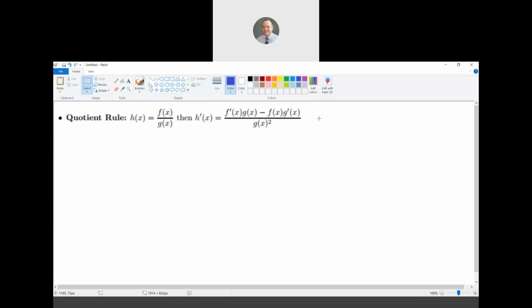And this part is new. This is all divided by your denominator quantity squared. So if you can remember the product rule, then you don't have to remember the numerator in the quotient rule. It's the same order, but a different sign in the middle.